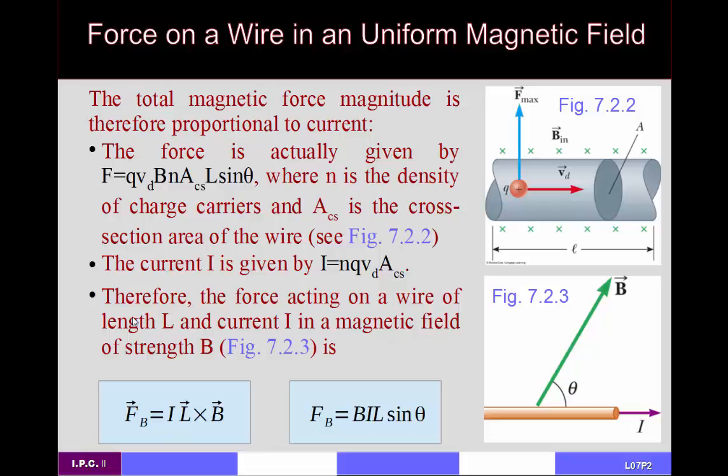I'm not going to quibble too much over that. Usually I like to put the vector as being the length vector. The magnitude, therefore, looks like B I L sine theta. That's magnetic field strength times magnitude of current times length of wire times sine of the angle between the wire and the magnetic field. So the wire is in this direction, the current is moving in this direction, and here's the angle theta.